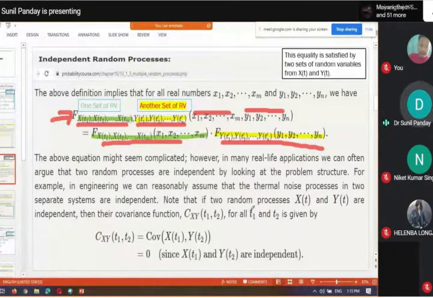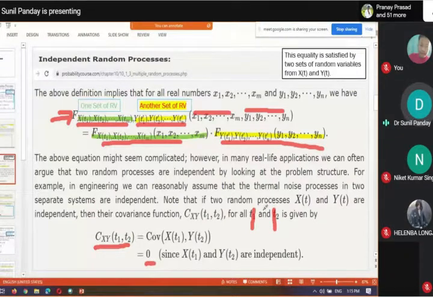Once we know that the random processes are independent, and we take any two time instants t1 from J and t2 from J dash, then the covariance between X(t1) and Y(t2) is actually 0.